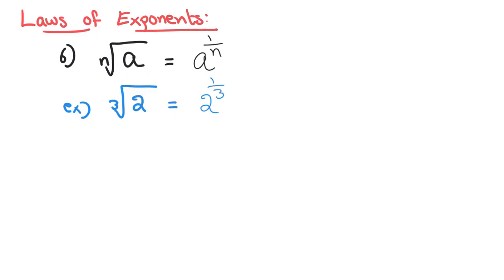Correct? Square root of 3. Square root is basically 2 over here, like this. So it is 3 to the power 1 over 2. So understand how you apply this. Nth root of a can be written as a to the power 1 over n.